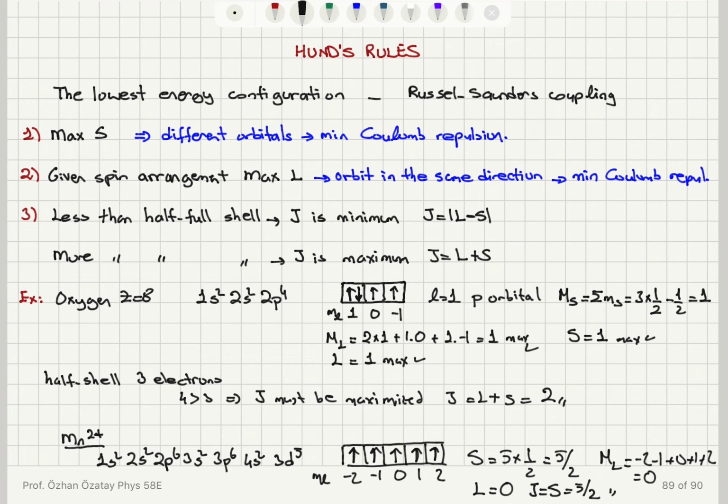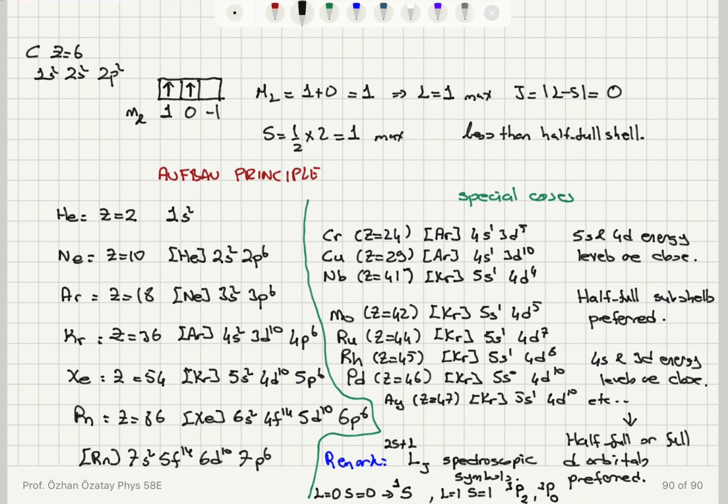For manganese 2 plus, that has exactly half full shell, L is equal to 0, then J is equal to S, which is 5 times 1 half, 5 over 2. For carbon, we have less than half full shell, so J has to be minimized, but L has to be maximized and S has to be maximized, so we find that J is equal to 0. And this is the Aufbau principle you can see here.